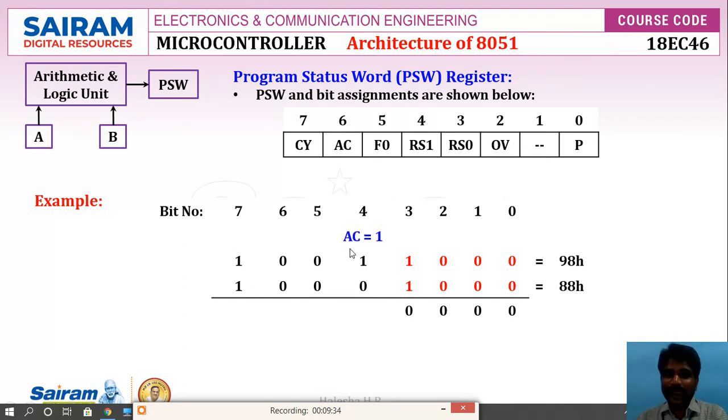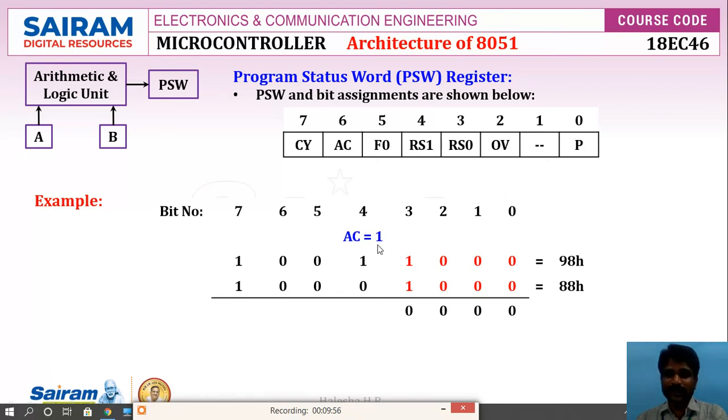And this carry is called the auxiliary carry flag, because it is generated from the lower nibble and propagated to the upper nibble. Also, we can say it is the carry from bit number 3. This is called the auxiliary carry flag, if there is a carry from bit 3.